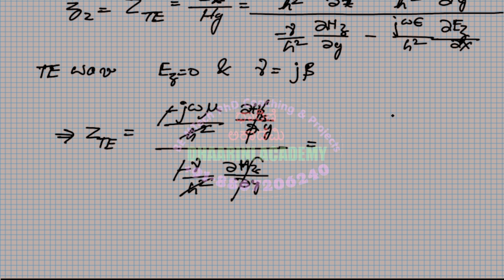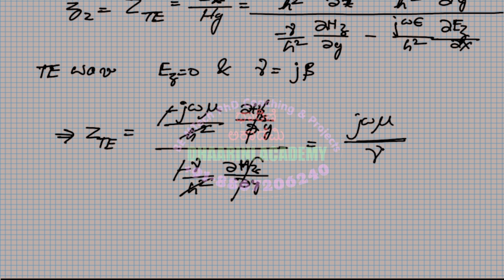After that, I am left with j omega mu divided by gamma. Correct? So what can I substitute for the denominator, as discussed? Wherever I see a gamma, I'll put j beta. So j omega mu divided by j beta, the j cancels. Simply we can write omega mu divided by beta, isn't it?